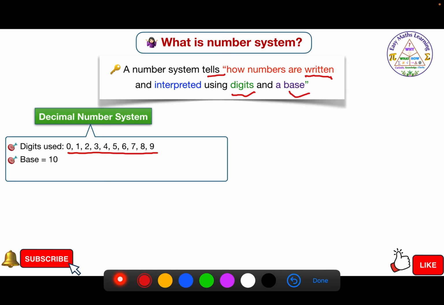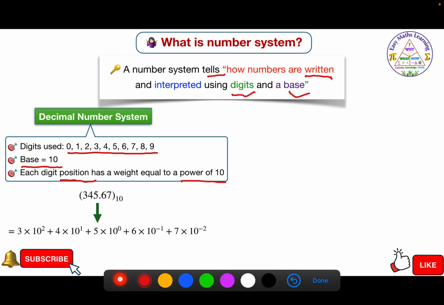Base for this number system is 10 and each digit position has a weight equal to the power of 10. For example, the decimal number 345.67 with base 10. So this is the decimal number system and this 10 represents the base.